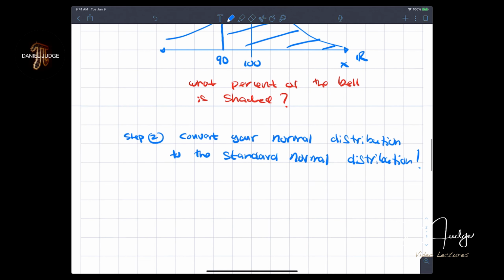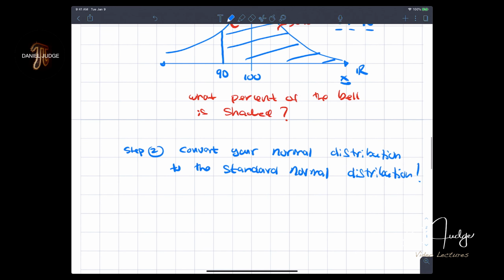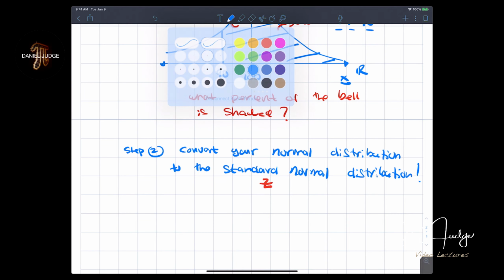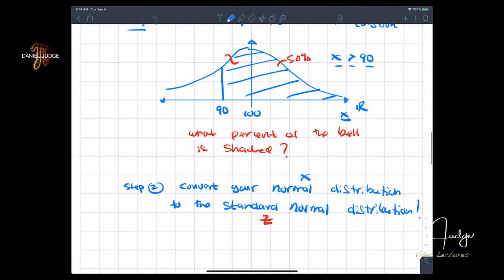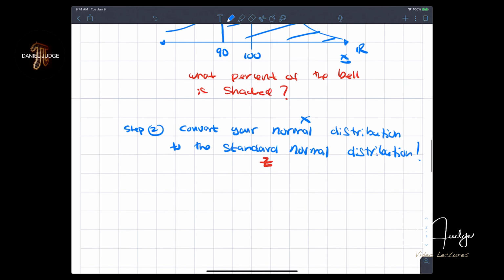So you're converting this x to z. Remember, z represents your standard normal, and x simply represents the normal distribution. These are our notes. X represents the normal, z is the standard normal.